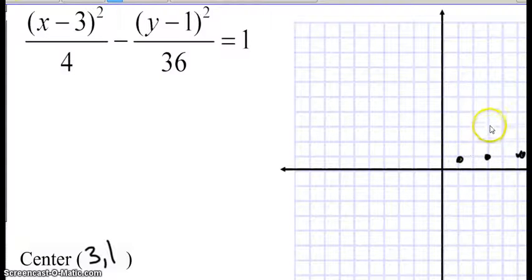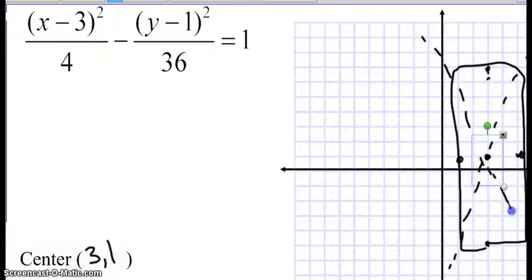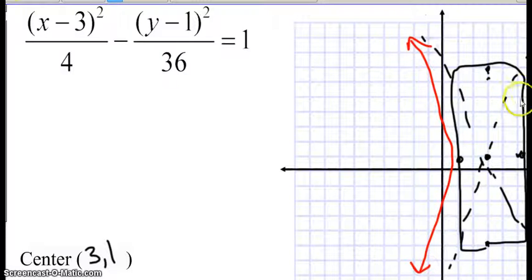It is then up 6 from here, 1, 2, 3, 4, 5, 6, and then down 6. I draw a box. I put the diagonals through the box in the corners, through the center. I know that it is x first, so I know my hyperbola is going to touch my x's, so it would be over here.